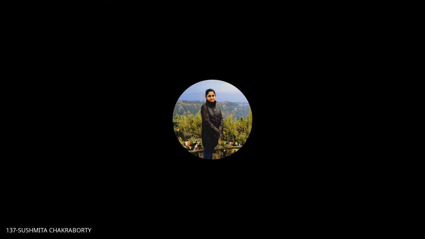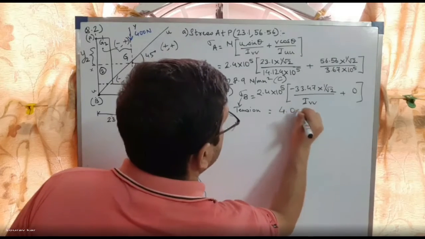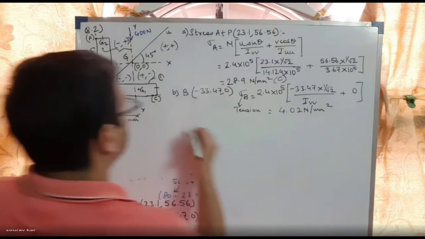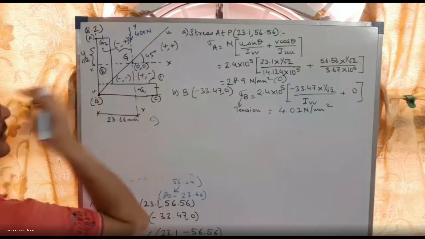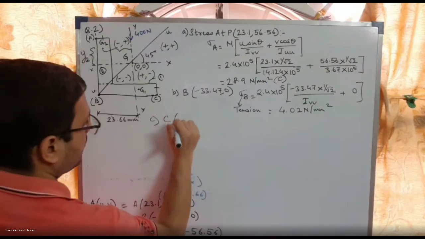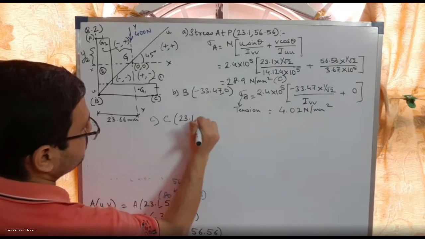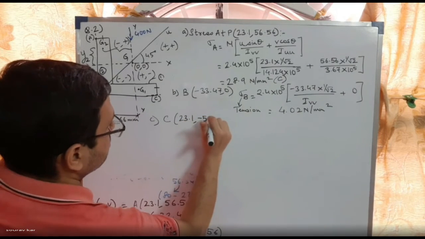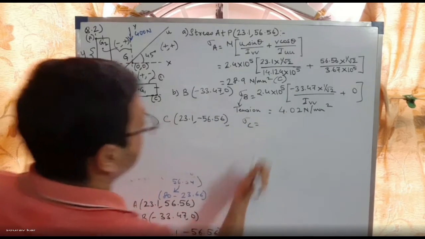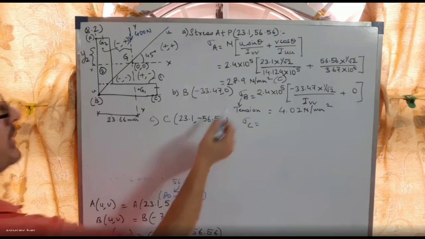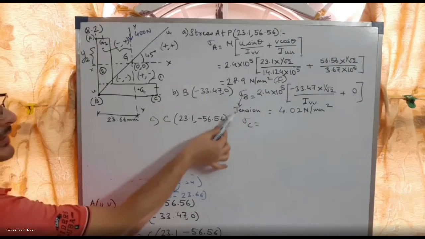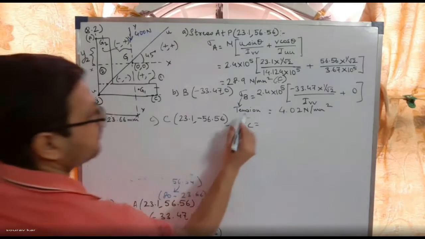Whatever value is coming, you put it, no problem. This is the method for points A, B and C. Similarly, find out the stress at C. So the stress at A will be compressive, while the stress at B will be tensile, and C will also be tensile.